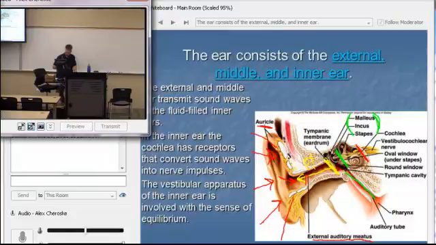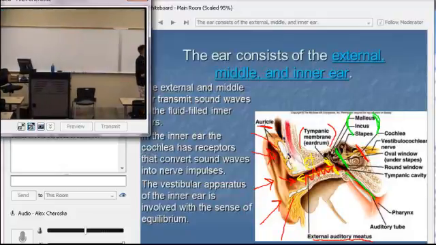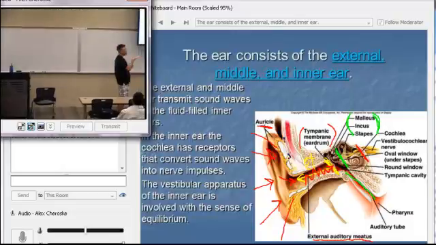So the external auditory meatus is going to bring these sound waves in here. At that point, it reaches our tympanic membrane, also known as the eardrum. That's a pretty straightforward common name, because as those sound waves come in, it's going to cause that eardrum to vibrate, like beating on a drum.